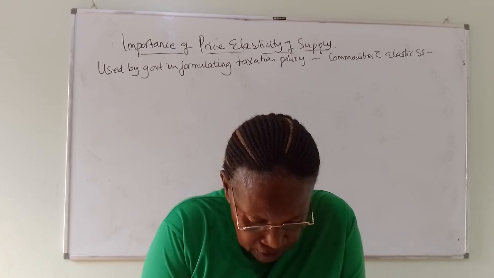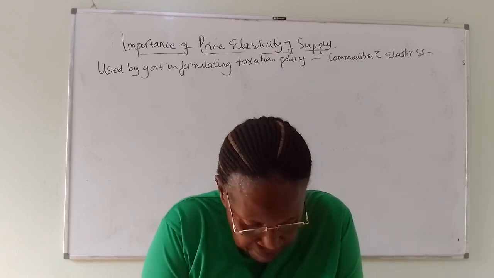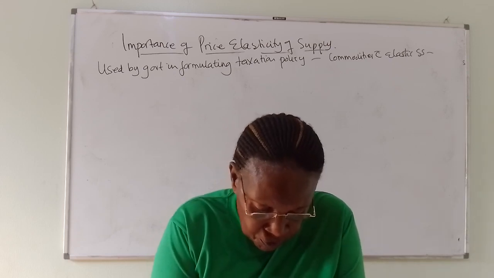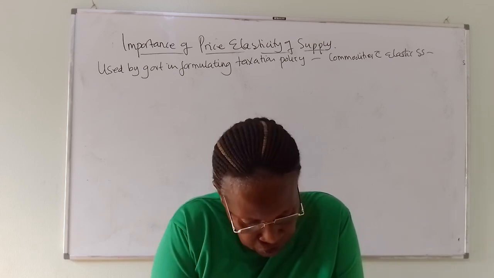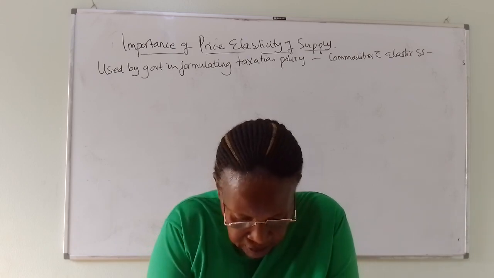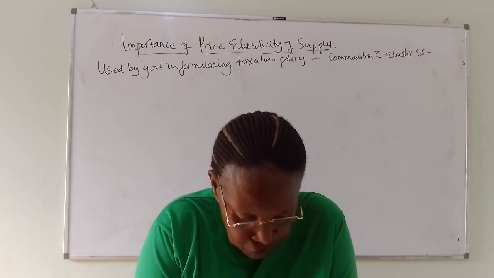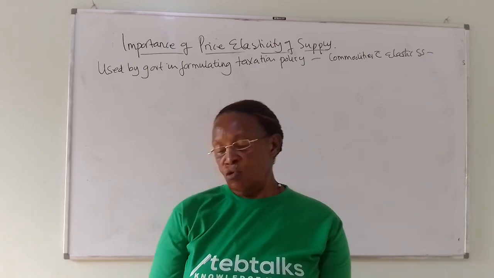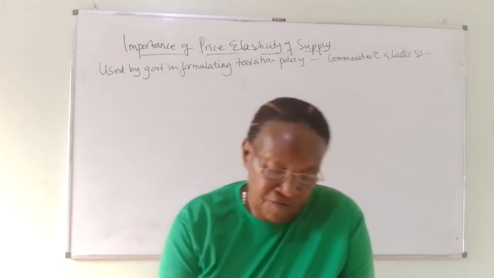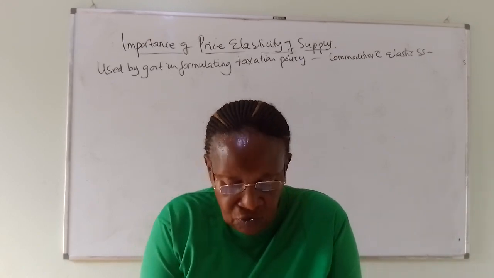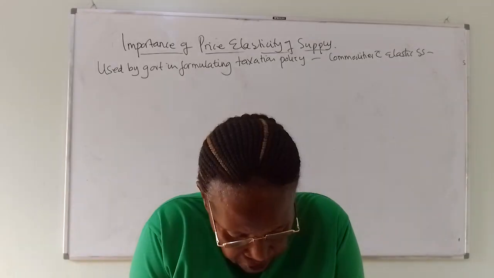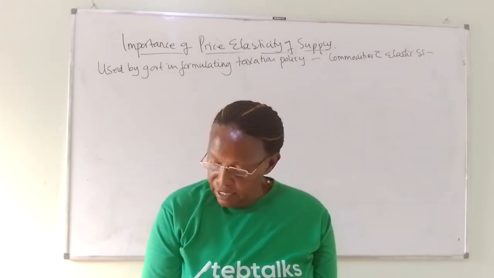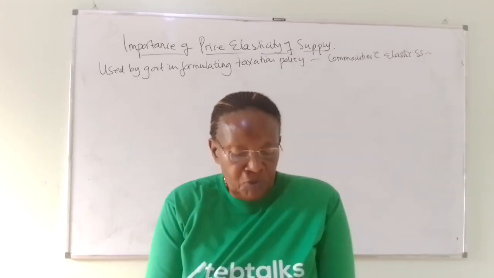Then it is used in the devaluation policy. The supply of exports should be price elastic, such that producers of exports should be able to increase production and supply more, hence increasing the demand for exports. Well, devaluation is a policy where you tend to reduce the value of your currency in relation to the currencies of other countries, so that you are in position to increase the quantity exported and improve on your balance of payments position.